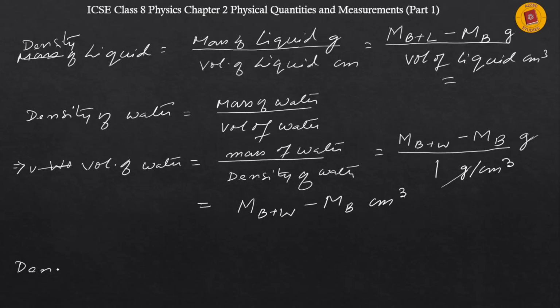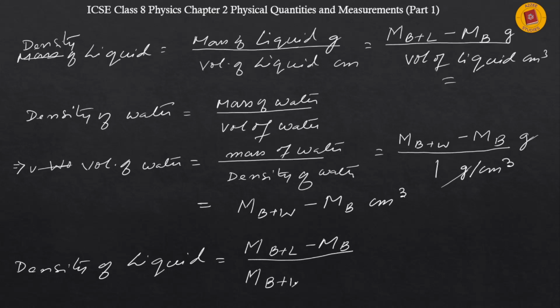Therefore, density of liquid is equal to m b plus l minus m b divided by m b plus w minus m b, and the unit is grams per centimeter cube, right?